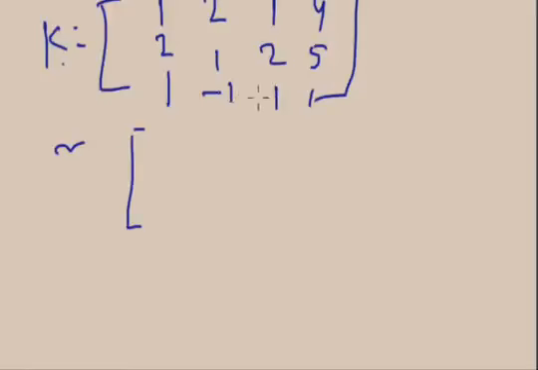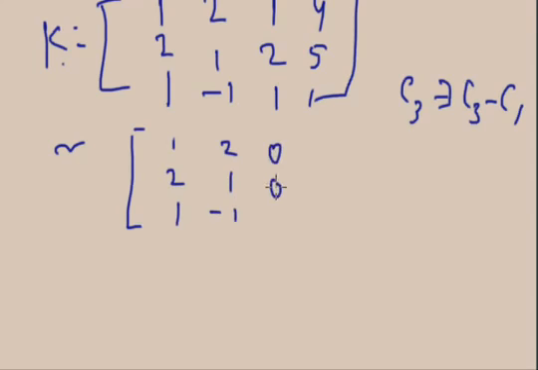The first element will become 0. If I reduce this column, means C3 minus C1, it will be 0. So it is [1 2 1; 2 1 -1; 0 0 0; 4 5 1].